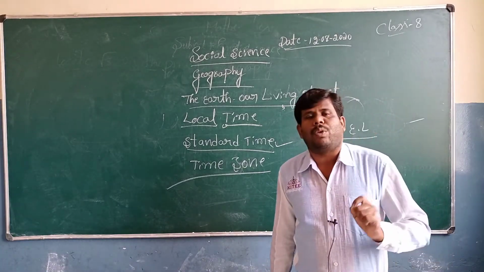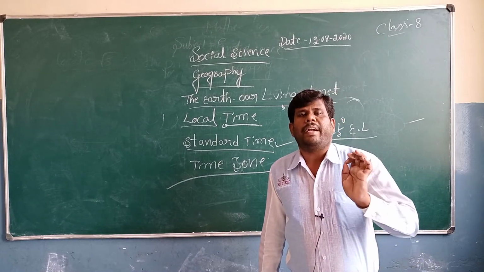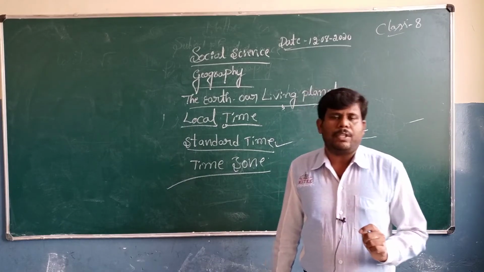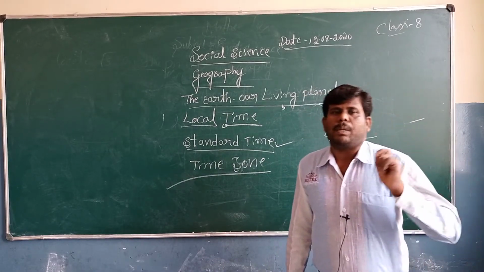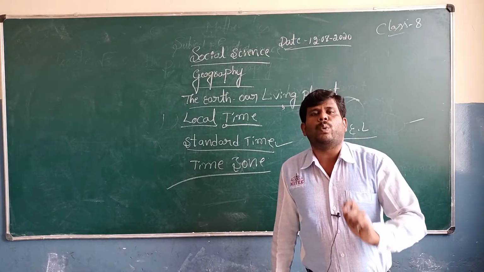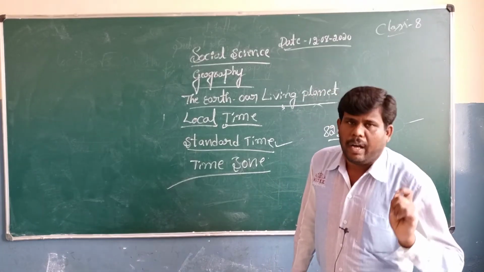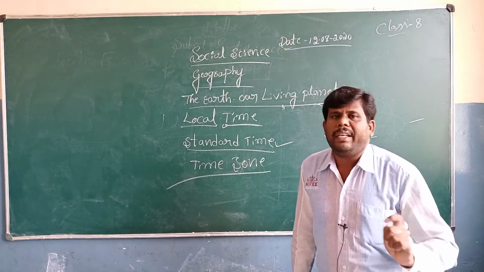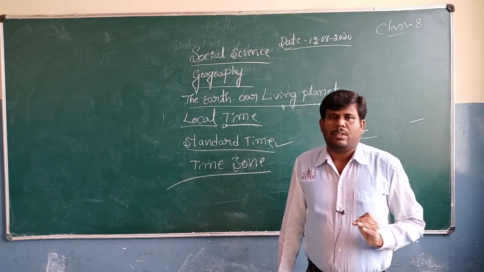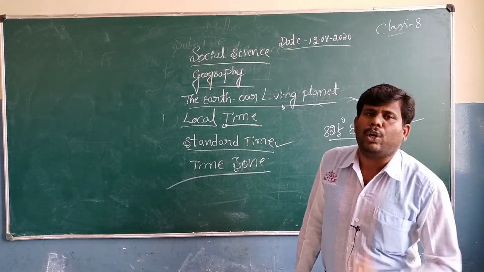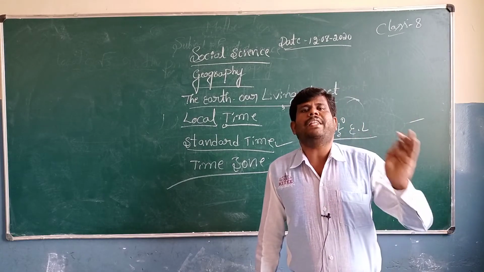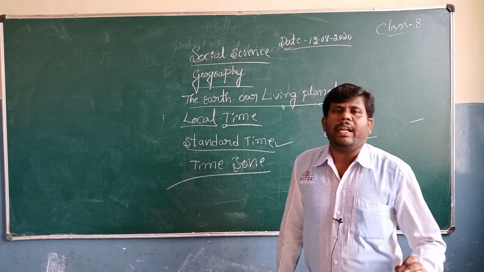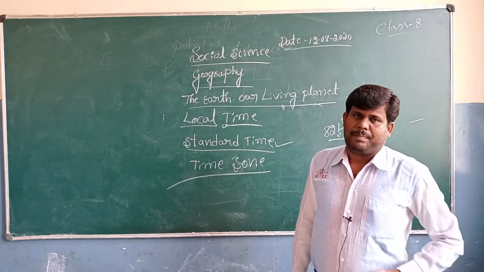That line is known as the international dateline. Once again, the line passes over the Pacific Ocean along 180-degree longitude, but makes some detours to avoid land masses. That line is called the international dateline.